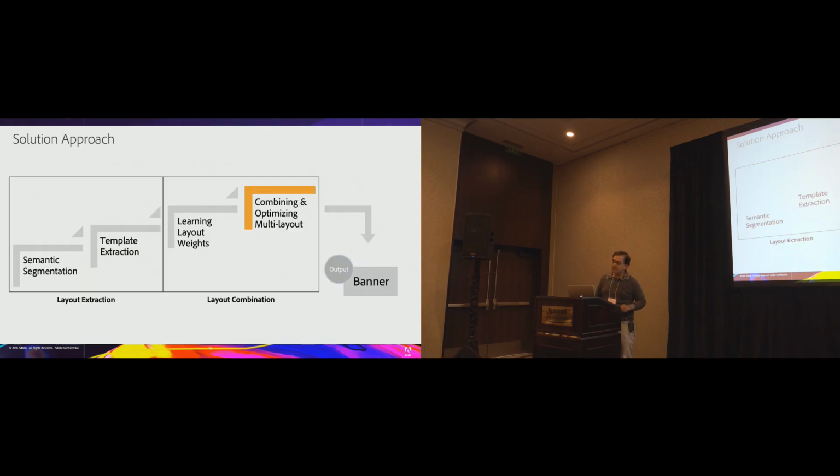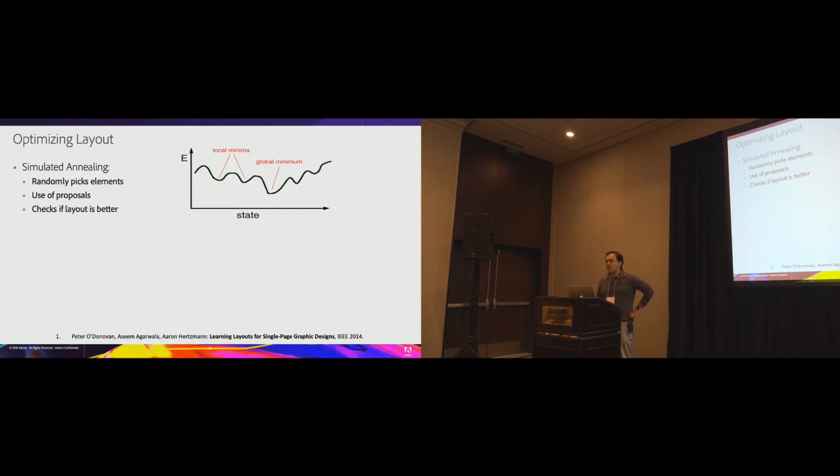Because in the next stage, we want to use this energy function to fine-tune the final layouts that we have. Here, we use a simulated annealing-based approach, where it computes the energy of the banner in question and then tries to optimize it towards a better energy state.